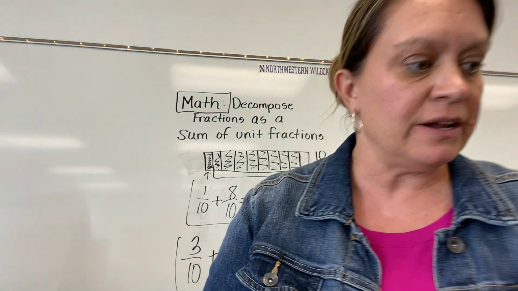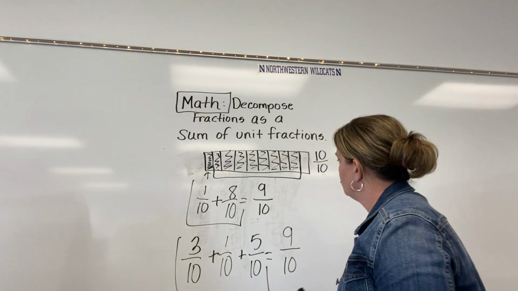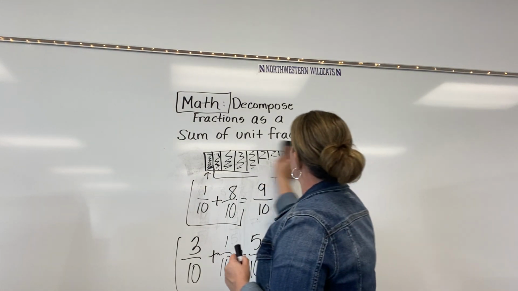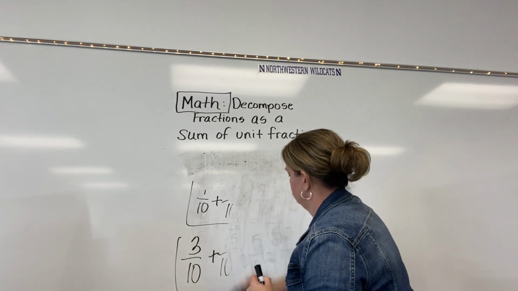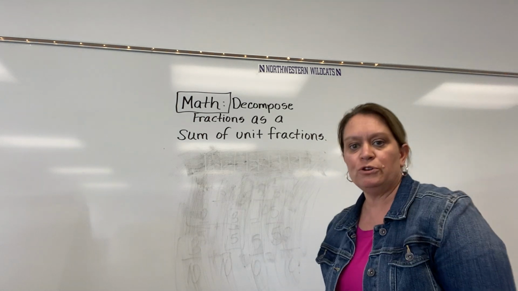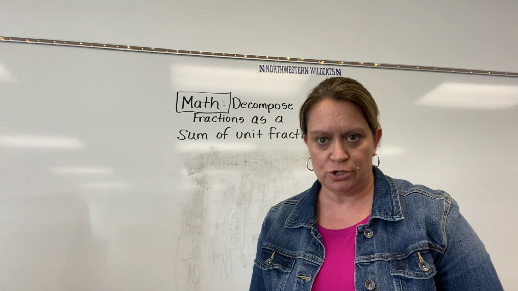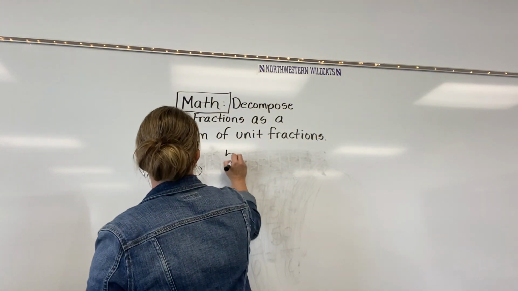I believe on part C, it has something that looks kind of like this, where on your paper it says 3/2, but I'm going to do something similar, and we're going to do 5/4.